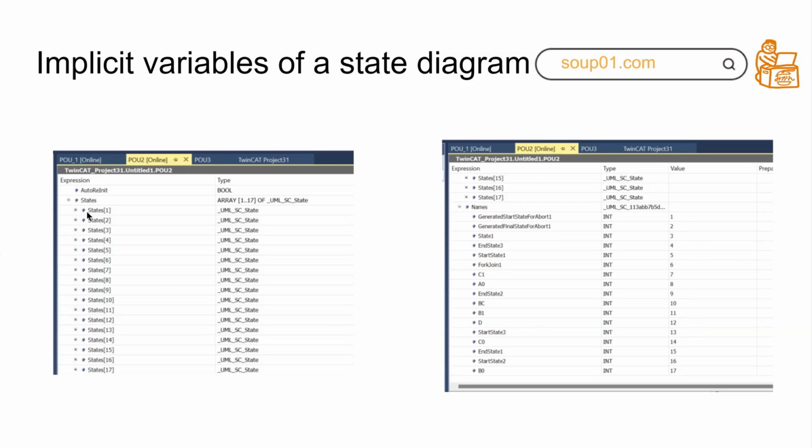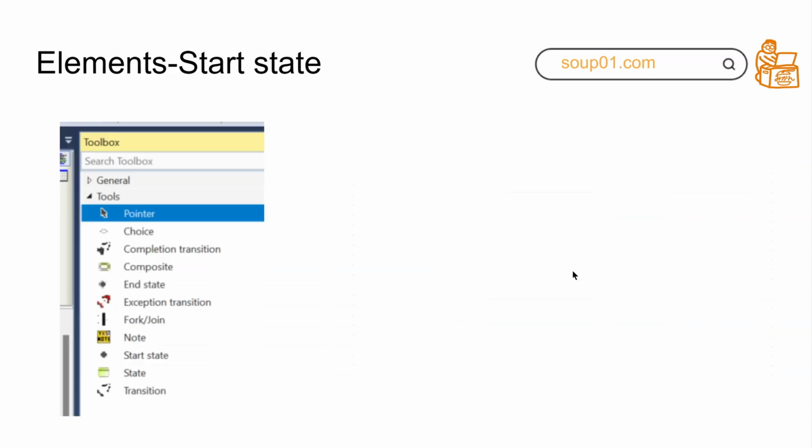So each state's index is a reference to the name in this data type. For example, 7 means C1. So state C1 is a reference to state 7, and the name is C1. Easy.